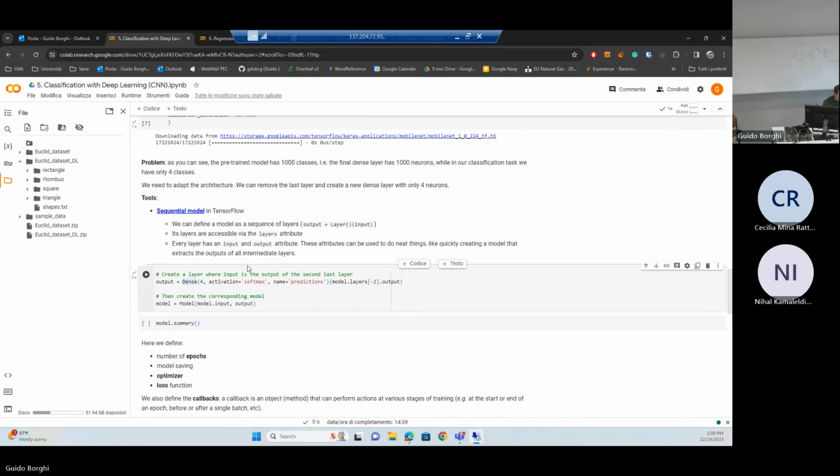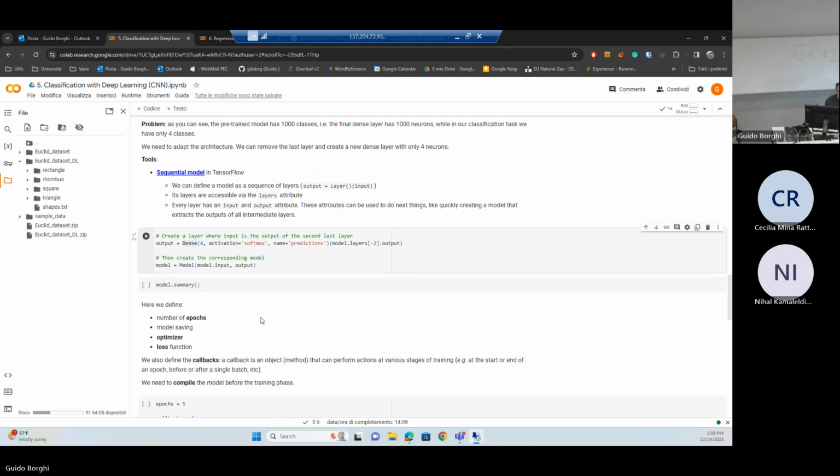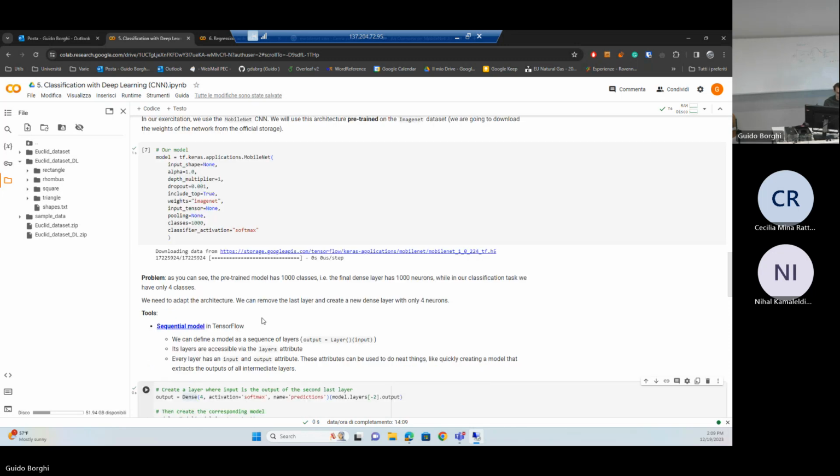Sorry, Professor, I have a question. If in the previous step, the step of our model, there is the key parameter classes, why don't we change that parameter instead of creating another layer? If you change the number of classes, you will obtain an error, since the weights of the network trained on ImageNet contain 1000 classes, and if you download the same weights changing the number of classes, you will obtain an error, since you are trying to put 1000 different weights in a fully connected layer, for example, with only 4 neurons.